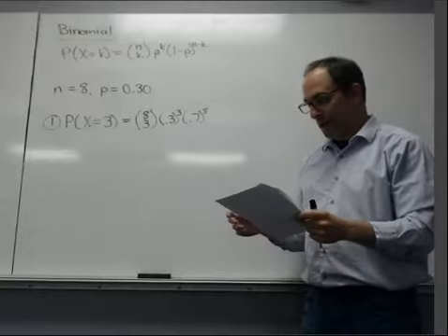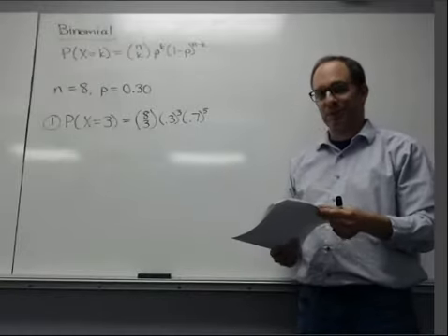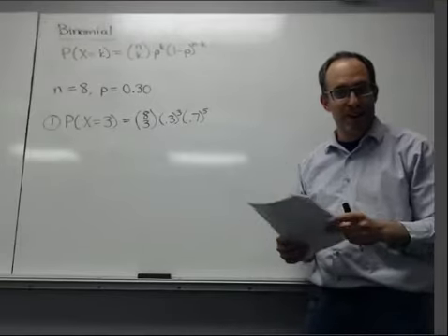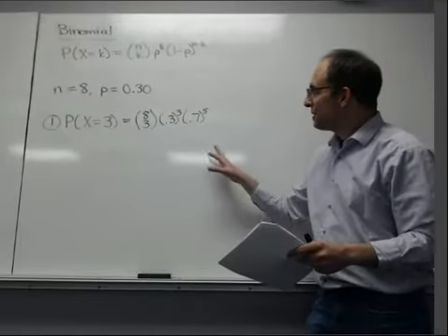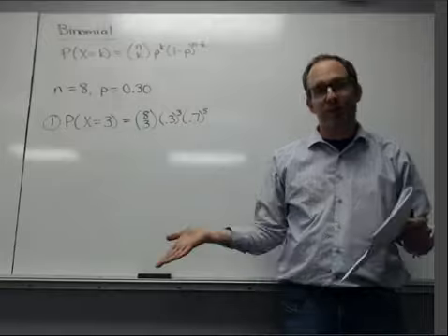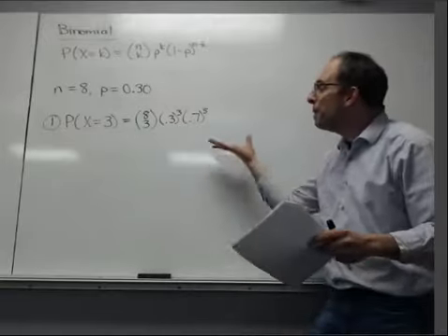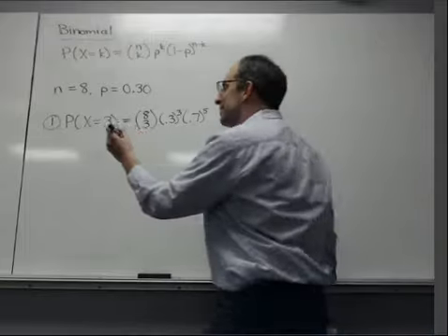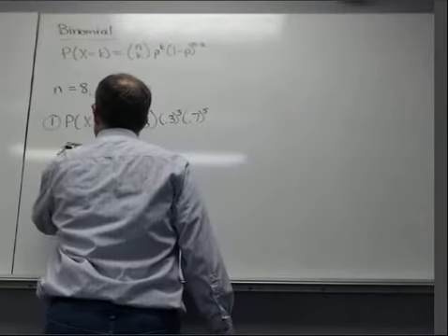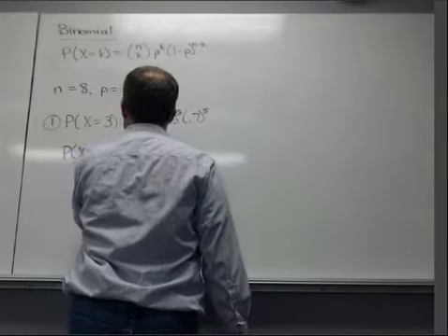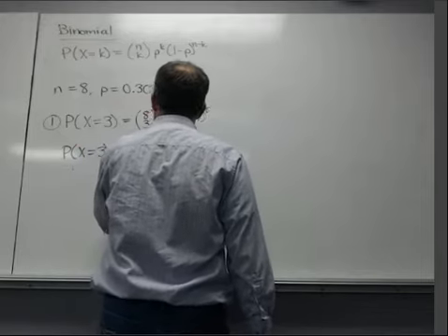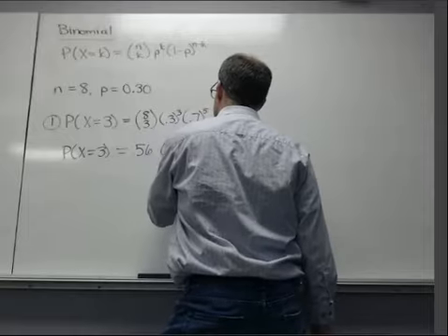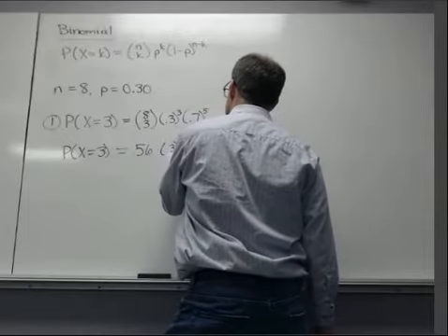And luckily, we already know what 8 choose 3 is because we already figured it out on the last page. It's 56, right? Sometimes you have to do the work there, and usually you have to do the work there, really. But here, we already did it, so there's no need to do it again. I did that intentionally just to make the first one a little simpler, but that is just 56 multiplied by 0.3 to the 3rd and then multiplied by 0.7 to the 5th.